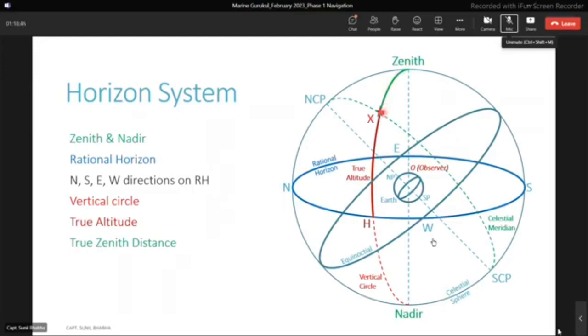So the definition: the arc of the vertical circle contained between the zenith and the center of the celestial body is known as its true zenith distance. So you can see the TZD as green color arc highlighted as a part of the vertical circle.